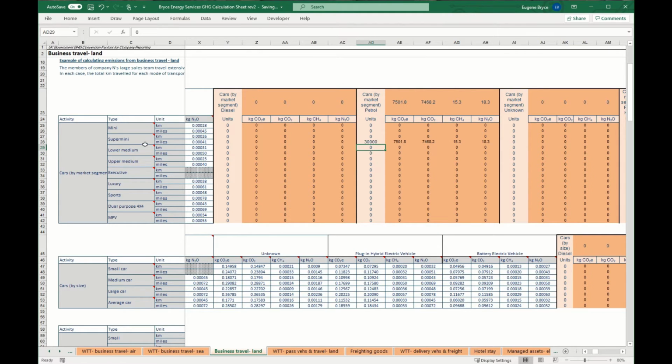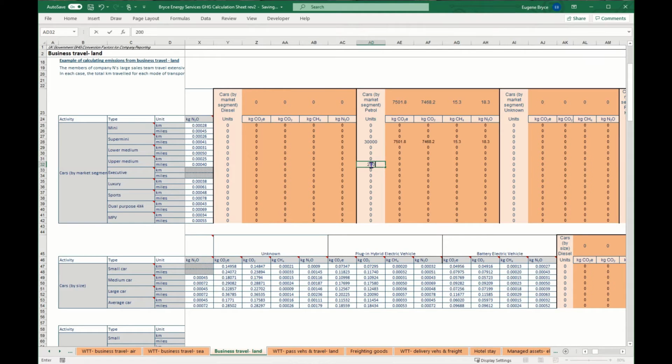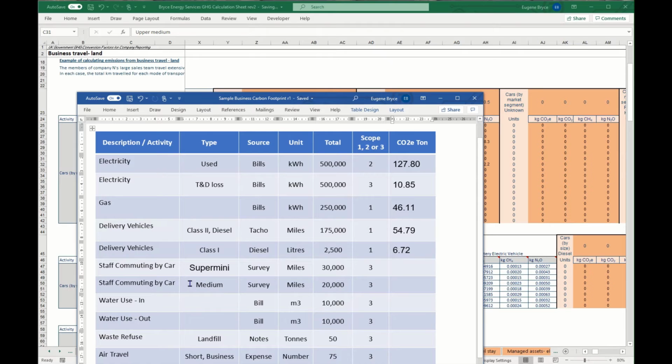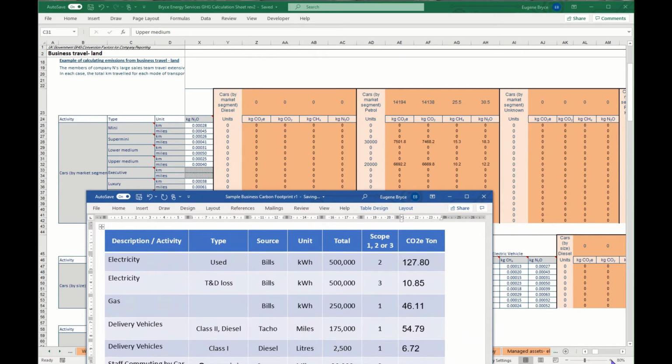So 30,000 Super Mini, and we had 20,000 for, I'll say, upper medium, for the managers in the business or the car enthusiasts. So that was upper medium. I'll just make that a note. So what we have, I'll zoom in.